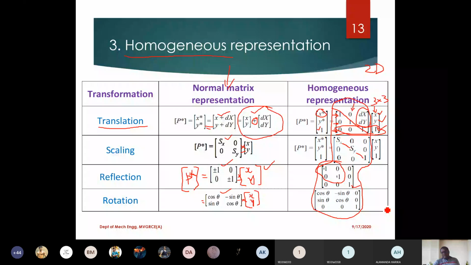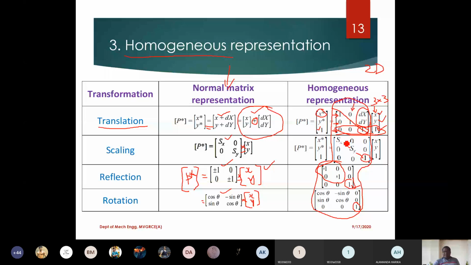If you look at this, all the remaining values except the diagonal are mostly 0, except for translation, where you are getting dx, dy here in the third column. Similarly, rotation: cos theta, minus sin theta, same as this one, cos theta, minus sin theta, cos theta.